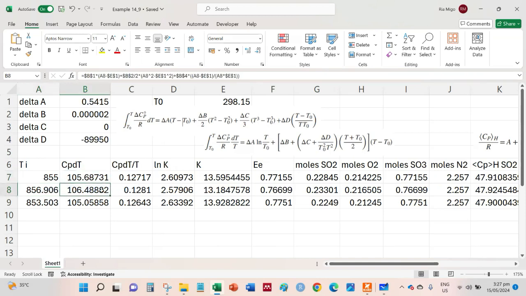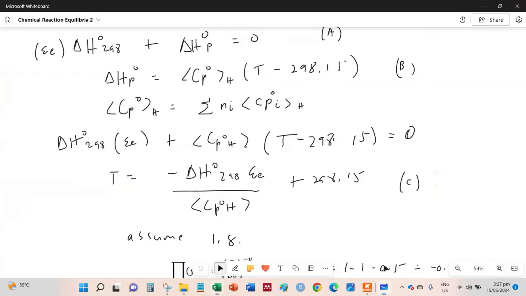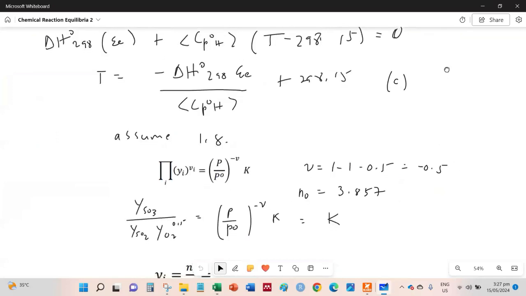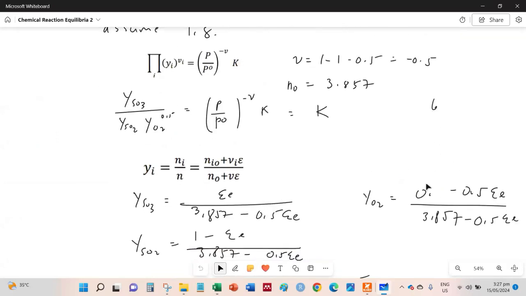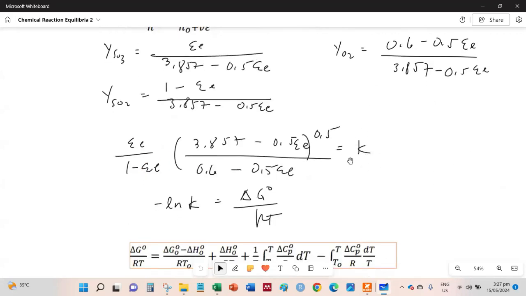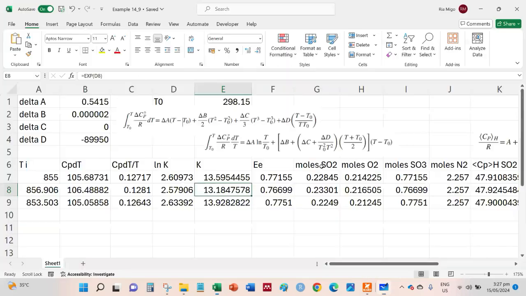So for this one, you can just drag the column. But after you get to this point, again, the next column cannot be solved using Excel. So you have to input this again to this equation and solve for epsilon E, and do that over and over again. I have a problem with this iteration because it's oscillating.